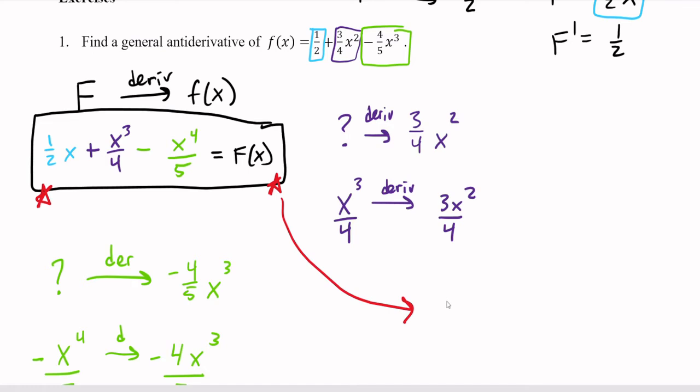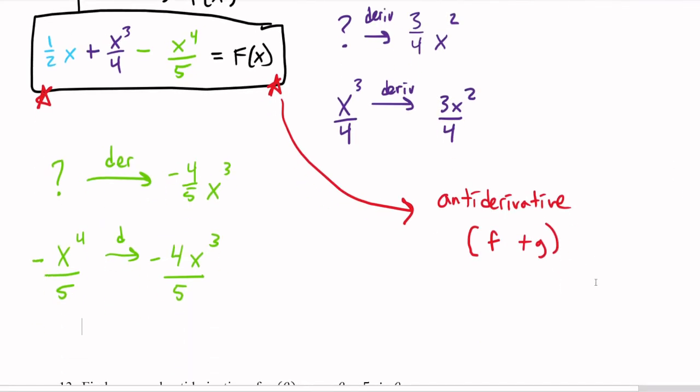So I know we don't have a symbol for antiderivative yet. But what we're using is this idea that if I want to do the antiderivative of a sum of things, so little f plus g, well, as we saw here, I can just do the antiderivative of f plus the antiderivative of g. Again, we don't have a symbol for that like we did the derivative, but it works the same way.